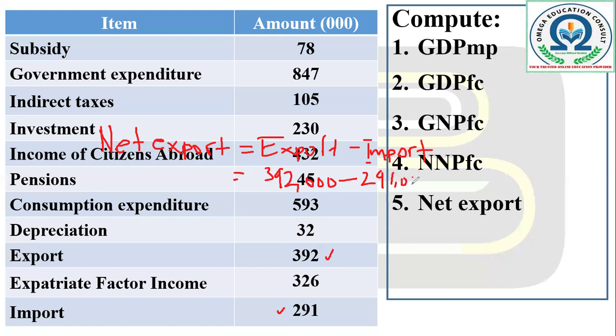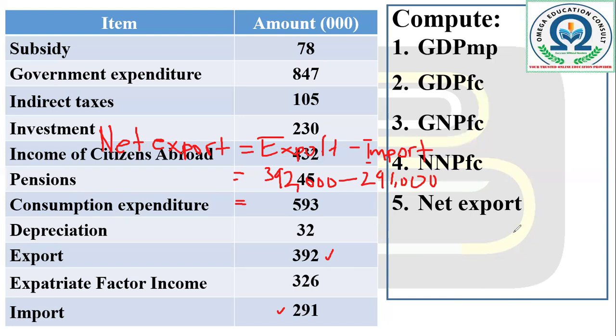Okay, so we find a difference. Let's see what you will get. Okay, good work done. So net export, let's do it again and then confirm our values. 392,000 minus 291,000. So that gives us 101,000. That's net export, right?